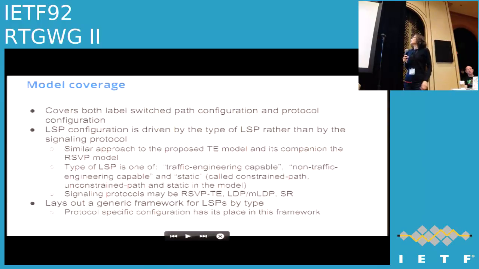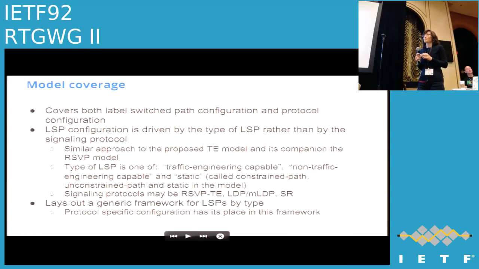That's a very similar approach to the approach that was taken by the group that produced the RSVP-TE and the TE models in TEAS. In our model, we have three types of LSPs: traffic engineering capable, non-traffic engineering capable, and static. They have slightly different names in the model. We're still working through naming that will be unambiguous.